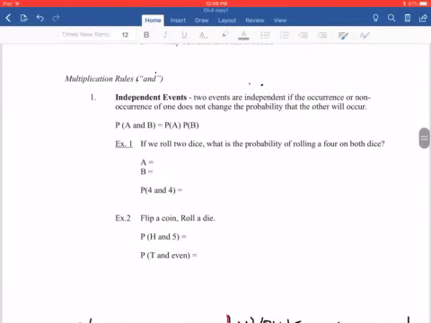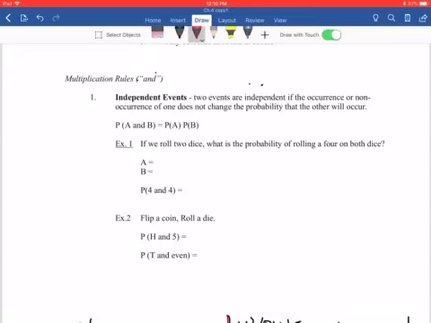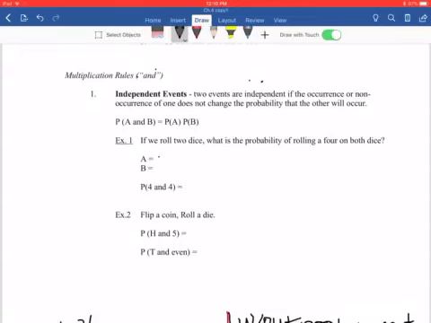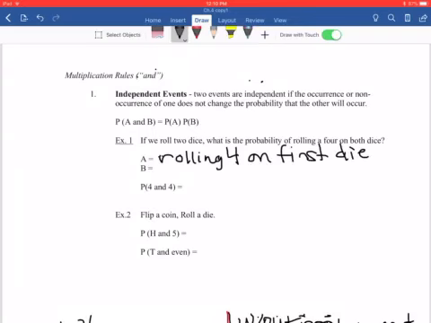Let's go back and look at these then. For independent events, if we roll 2 dice, what is the probability of rolling a 4 on both dice? A is rolling a 4 on the first die, and B will be rolling a 4 on the second die.